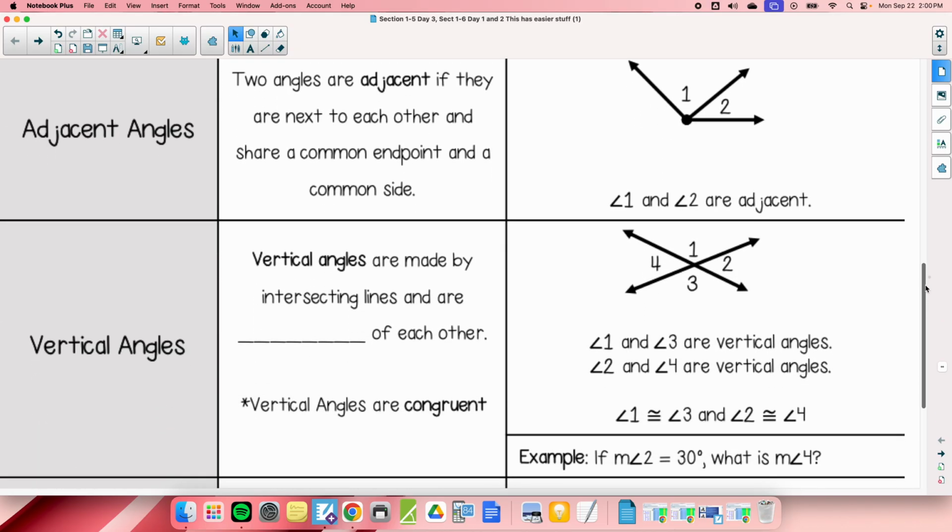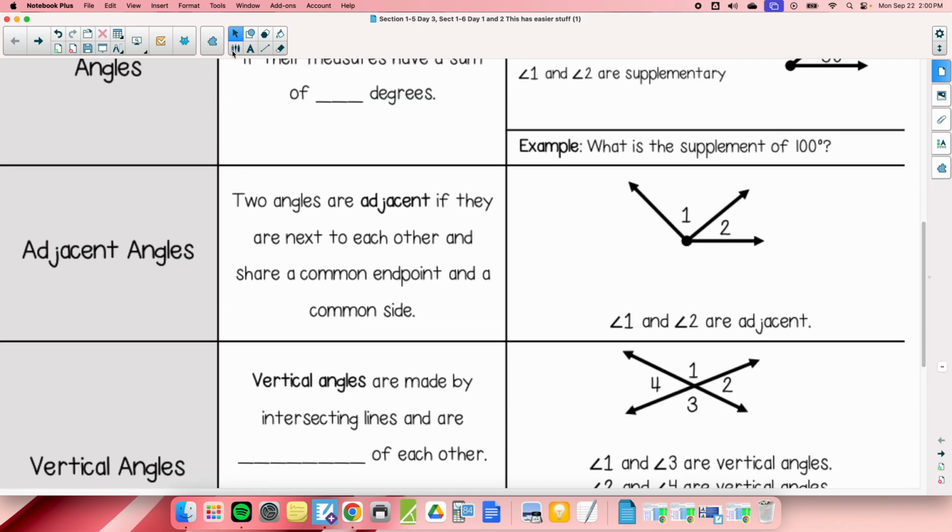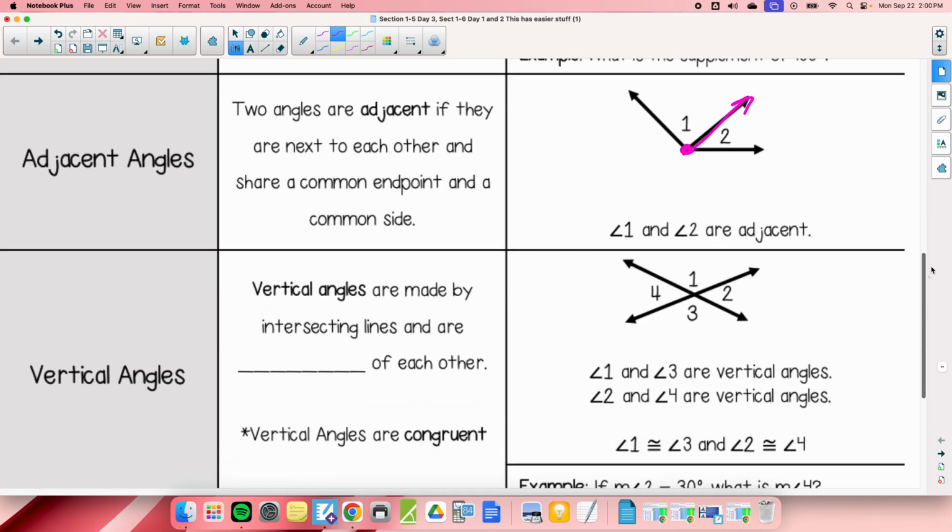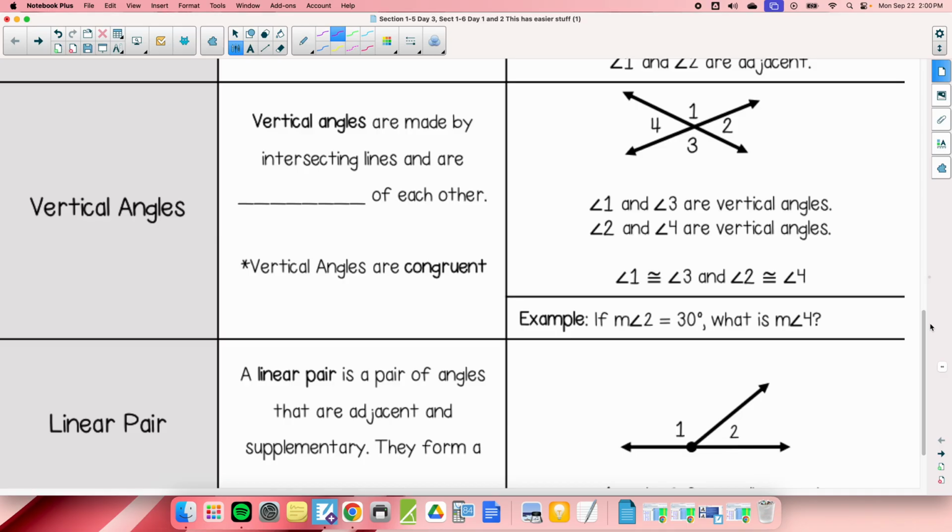Adjacent angles, I just asked this, and adjacent angles are right next to each other. And remember, adjacent angles, guys, they share a vertex and they share a side, okay? Then, vertical angles. Does anyone have a good way to explain what vertical angles are?